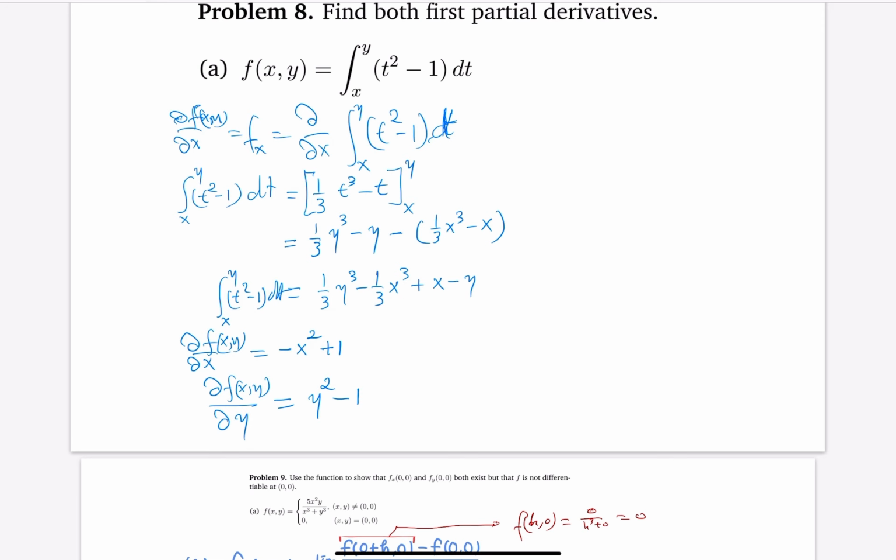Okay? Same way, for the partial derivative of f with respect to y, any x is constant and is equal to 0. You have only to take the partial derivative with this one and this one. That's why you have y squared minus 1, because if you take the partial derivative with respect to y of negative y, it is negative 1. That's why you have negative 1 here.